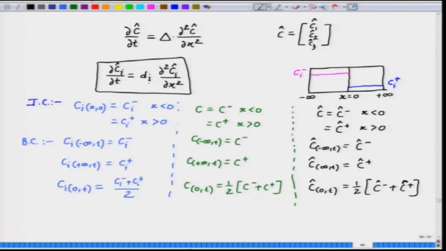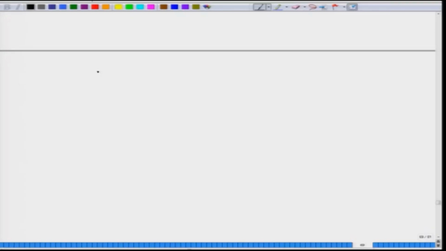Except that here the concentration variable is now defined in the new basis, the cap basis, and instead of the single diffusivity term that appeared earlier for binary diffusion, here we see small d I, which is the eigenvalue of D tilde. Now, we know the solution for this; we have derived the solution.